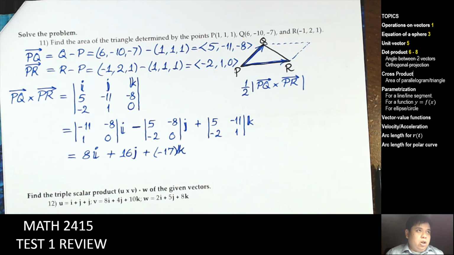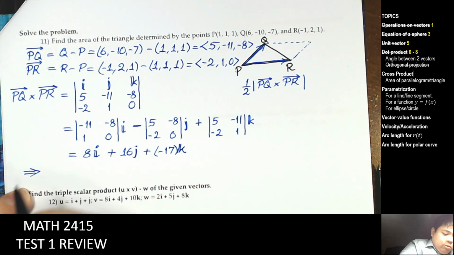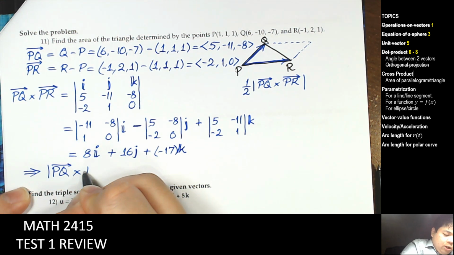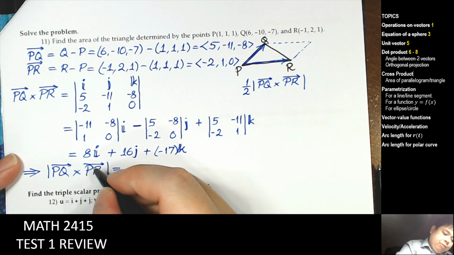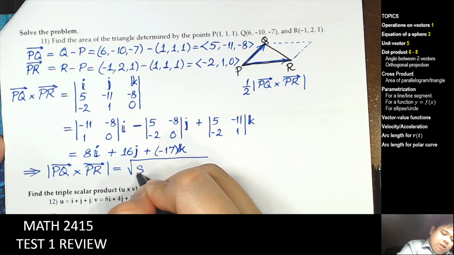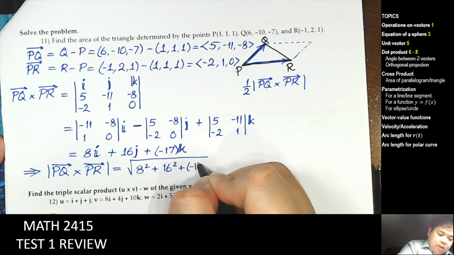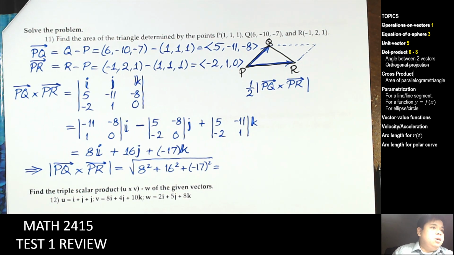So that is PQ cross PR. And then we find the magnitude of PQ cross PR, which will be the square root of 8 squared, 16 squared, negative 17 squared. All right, calculator.